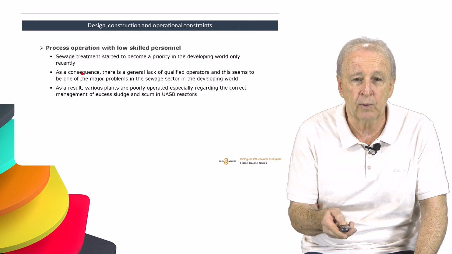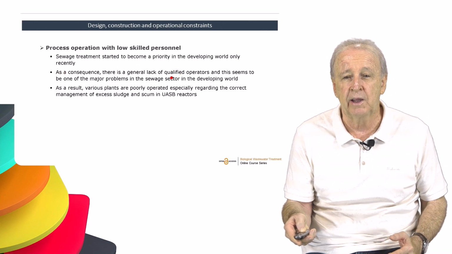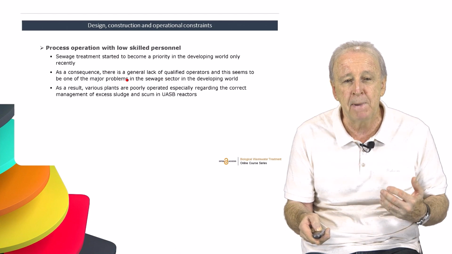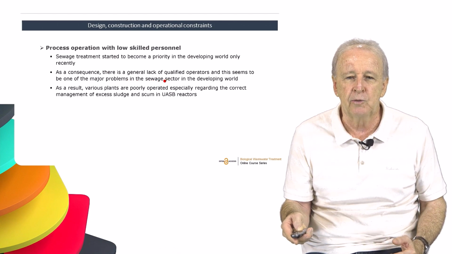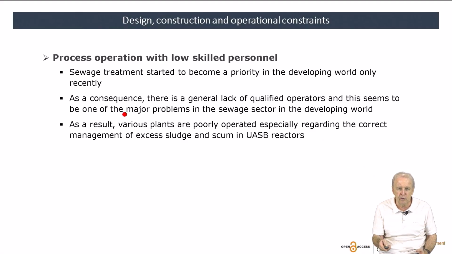As a consequence, there is a general lack of qualified operators, and this seems to be one of the major problems in the sewage sector in the developing world. It's one of the major problems, but it's not the only problem.